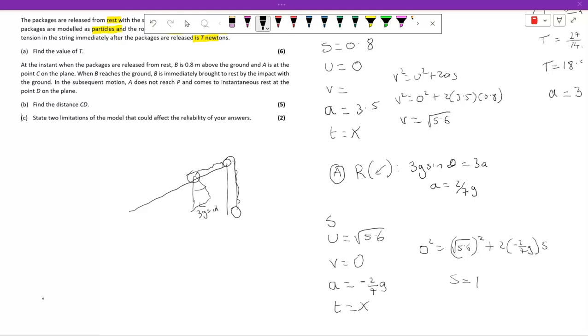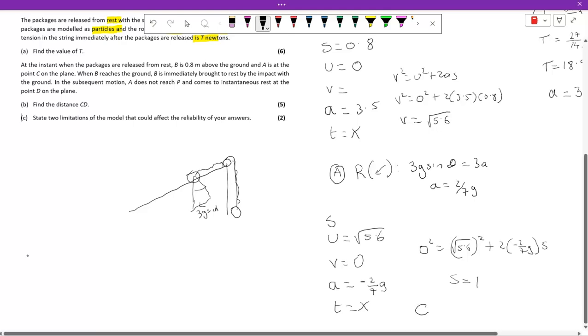So S equals 1 is the distance it travels after B hits the ground. And that's what we were asked to find. We were asked to find the total distance. So CD is therefore 0.8 because it moved 0.8 in the first phase. And in the second phase, it moved 1 meter. So the total distance is 1.8 meters.